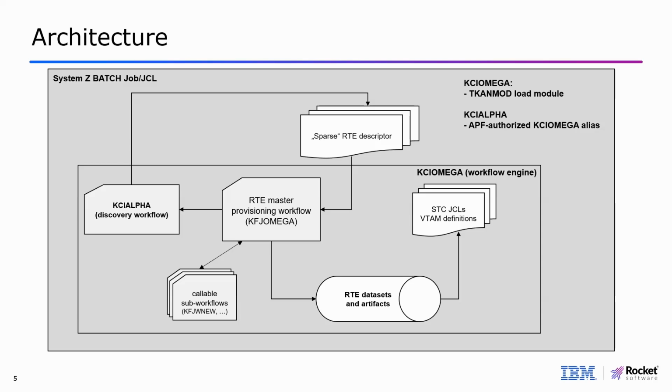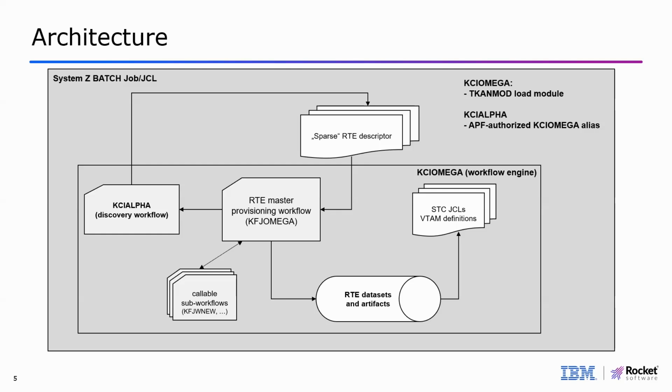But at the end, what they are doing is producing your runtime environment data sets. They are regenerating or generating your parameter members, your started task definitions, and so forth. And they obviously read the input from the RTDEF dataset when it comes to what configuration parameters you specify and what products you want to configure.